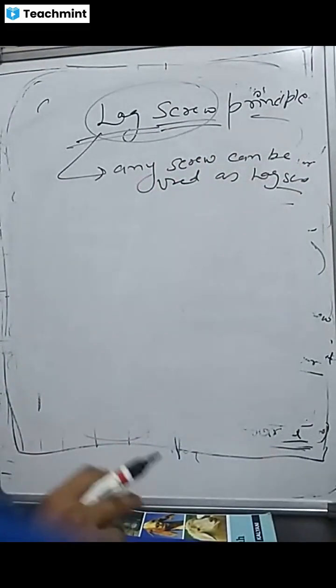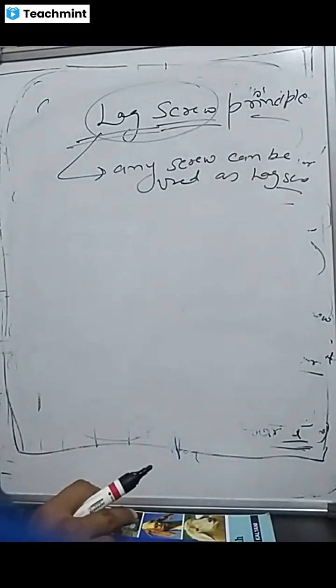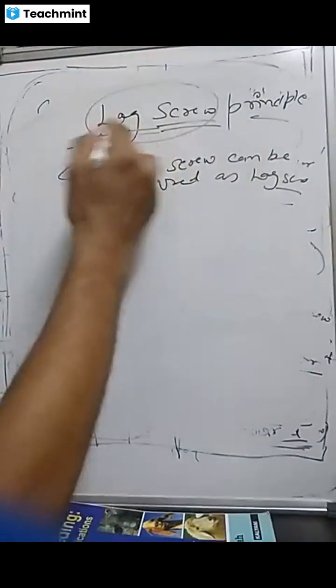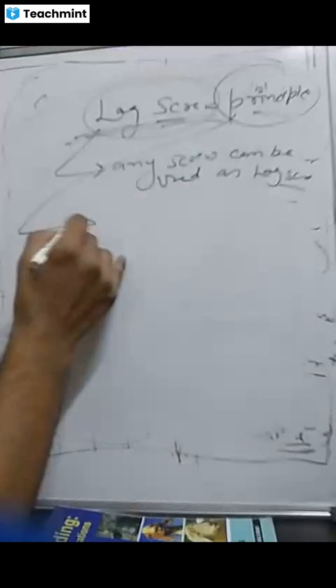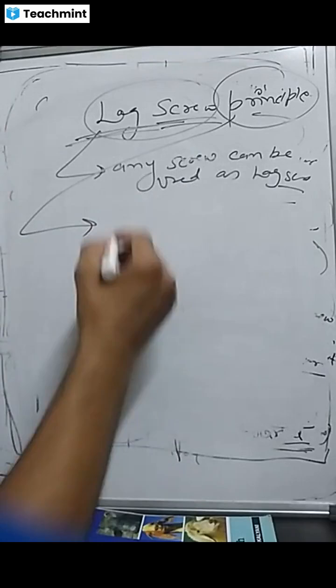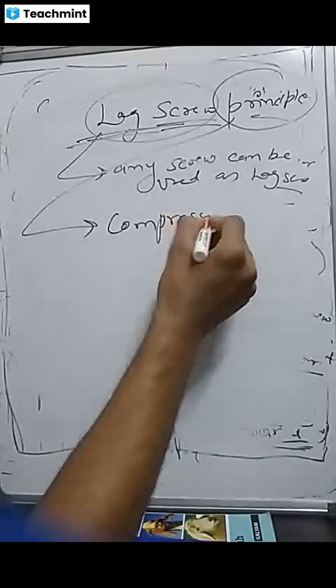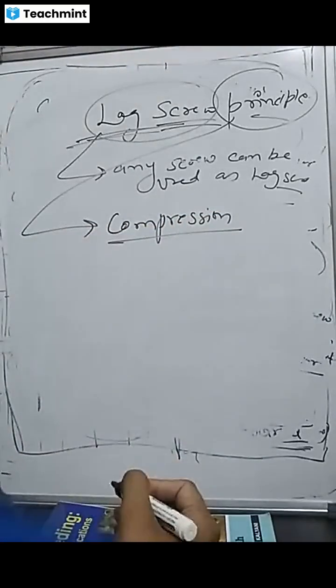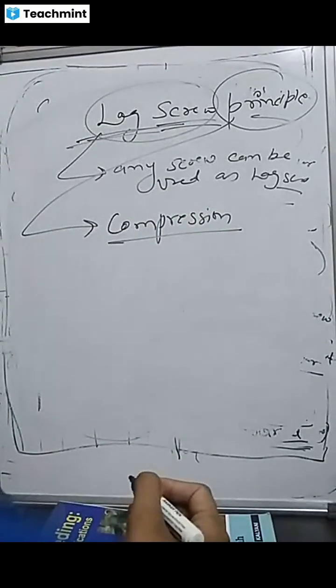You can use cancellous, you can use cortical, fully threaded. You can use any screw as a lag screw. What is the principle? The principle is compression.